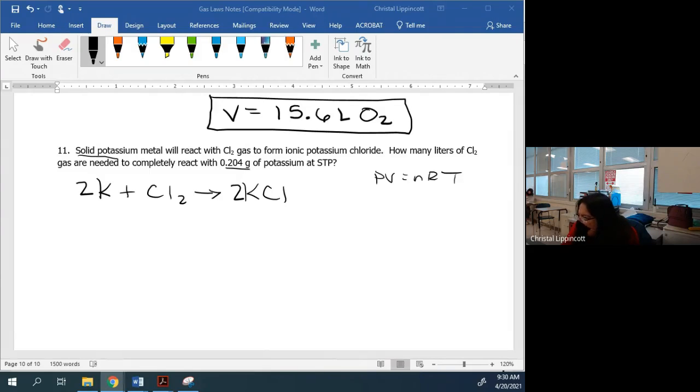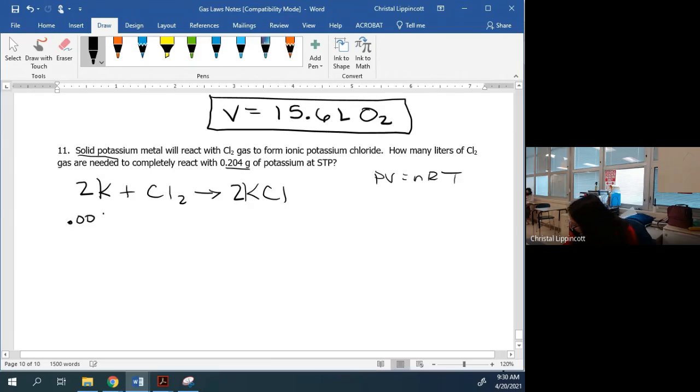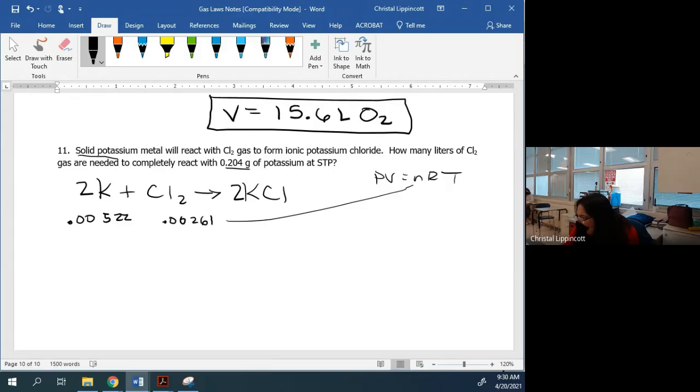Okay, so I need to figure this out. So 0.204 divided by potassium's 39.1 is 0.00522. So I'm going to divide that by 2 to get 0.00261. And I'm going to throw that into this formula. So I'm solving for volume.